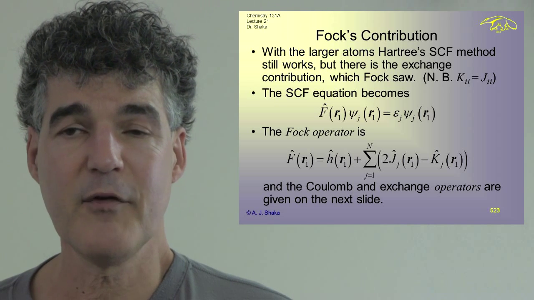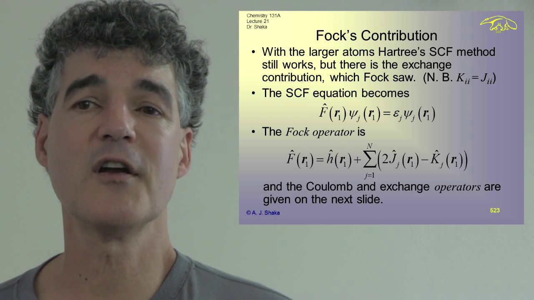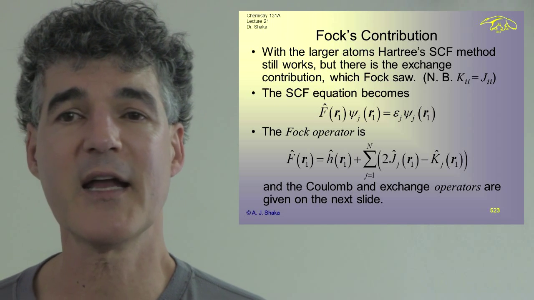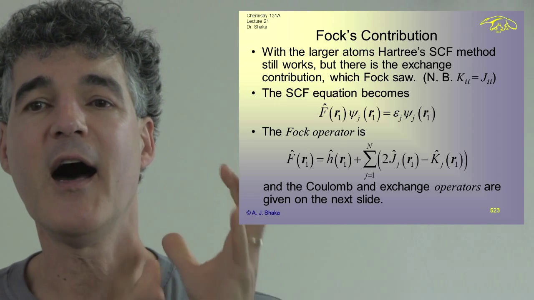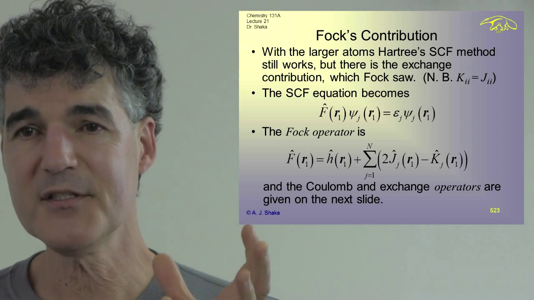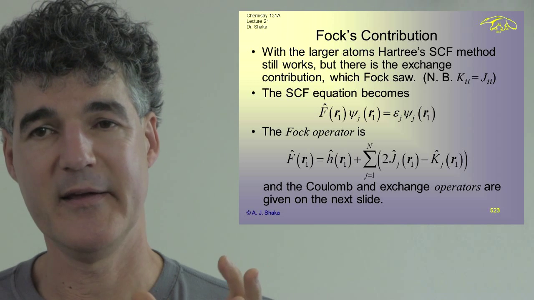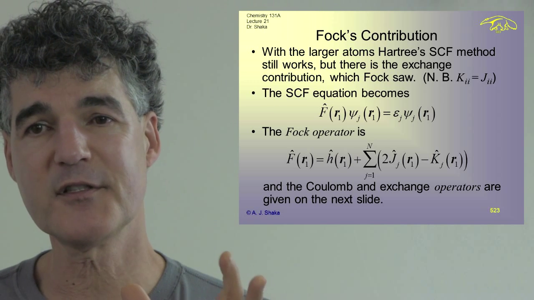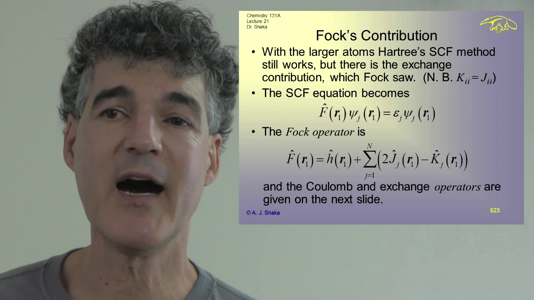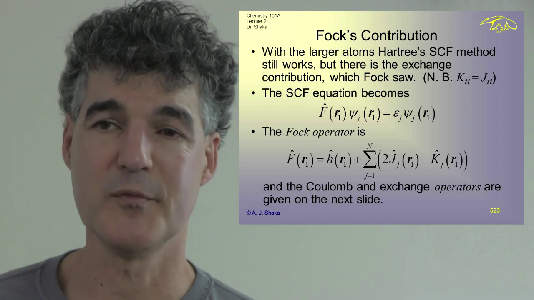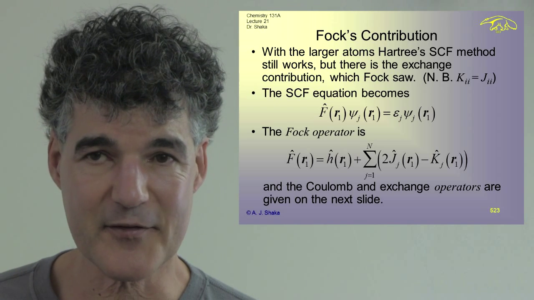If we wanted to interpret things as charge clouds interacting, we can't do it because we've got psi i star of R1, which is the coordinate of the first electron, and that's going on to psi i of R2, which is the second electron.